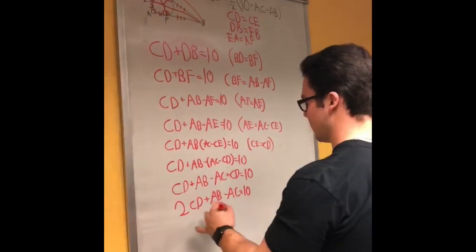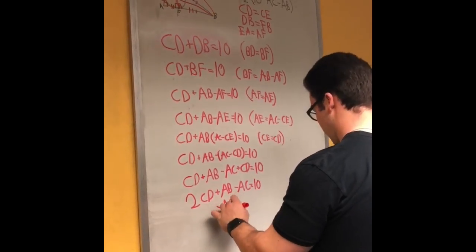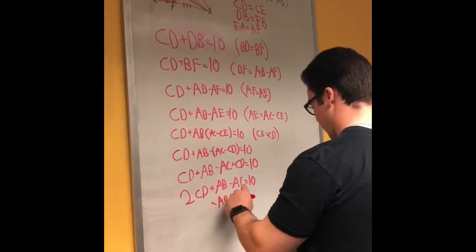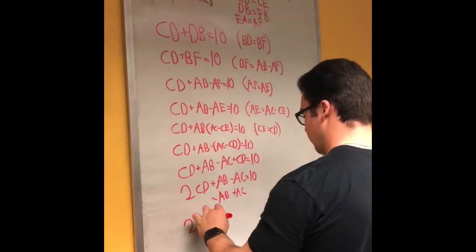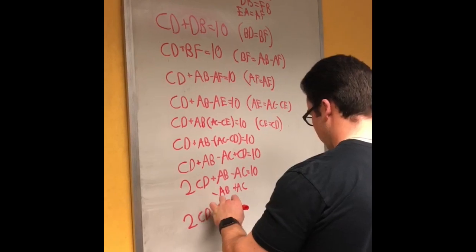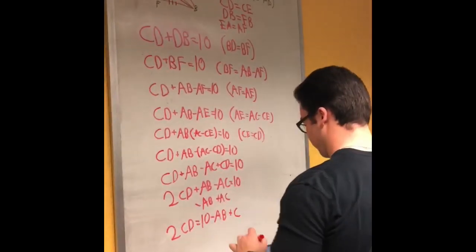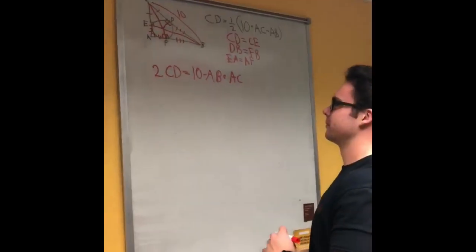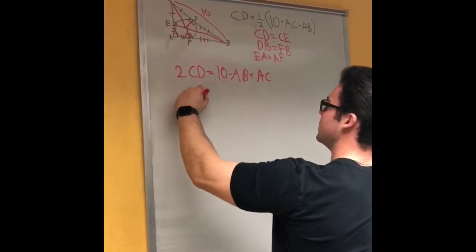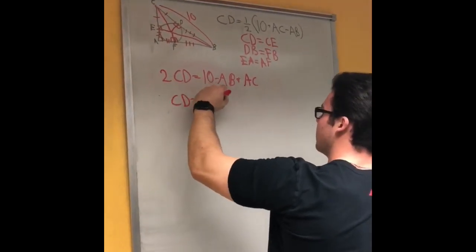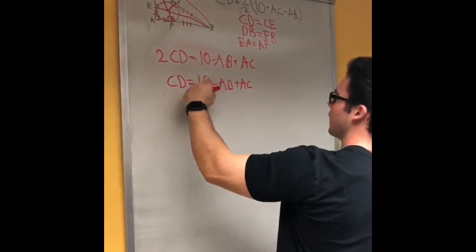So now we're trying to get CD by itself, so we just subtract over AB and add over AC. So now we're left with 2CD equals 10 minus AB plus AC. Okay. So to get CD by itself, we just need to divide over 2. So you have CD equals (10 minus AB plus AC) all divided by 2.